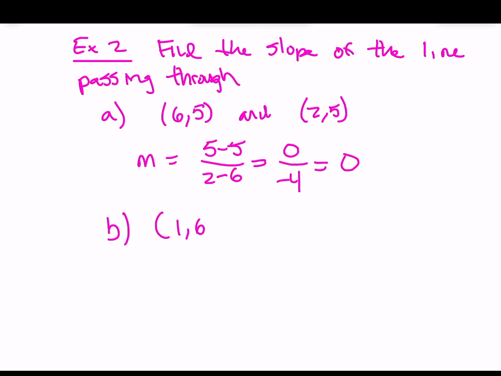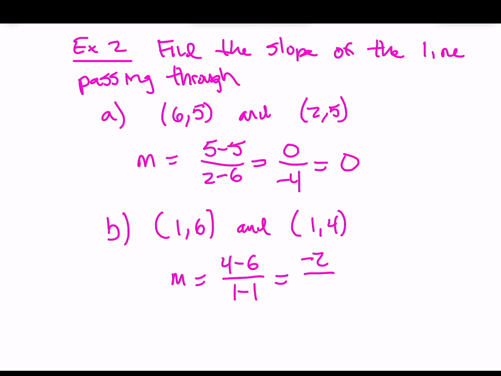Part B. Let's check the slope between these 2 points. 1, 6 and 1, 4. So m is equal to 4 minus 6 divided by 1 minus 1. That gives us negative 2 over 1 minus 1 is 0.